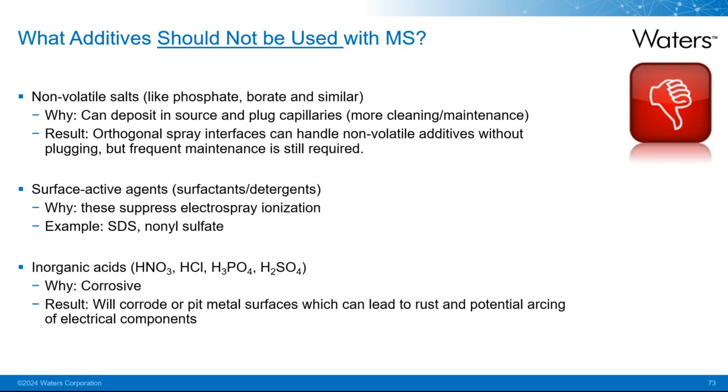Surface active agents, surfactants and detergents, can suppress electrospray ionization. Examples of that include SDS or nonyl aryl sulfate, and inorganic acids like HNO3, HCl and sulfuric acid are corrosive and can corrode the metal of the source and can potentially damage it and its associated electrical components.